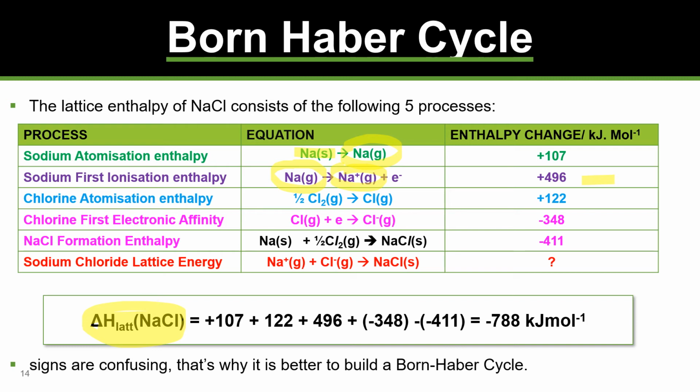Then the chlorine in the form of molecules needs to be passed into gas atoms. That is going to be the chlorine atomization energy. And then those chlorine gas atoms need to take one electron to form the chloride ion. That is going to be the first electron affinity.